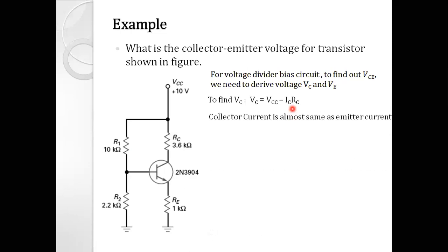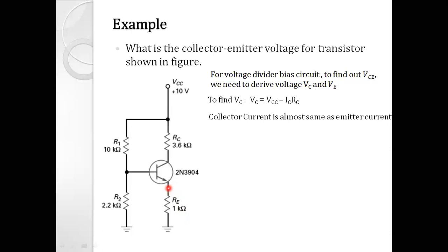what about the collector current? The collector current is almost the same as the emitter current. What about the emitter current? We don't have the emitter current, so we have to find it out. How can we find out the emitter current? The emitter current is the current that passes through this RE resistor, right? So in the previous slide, we found VE, the voltage drop across this RE resistor, or the voltage at the emitter terminal, both are the same.